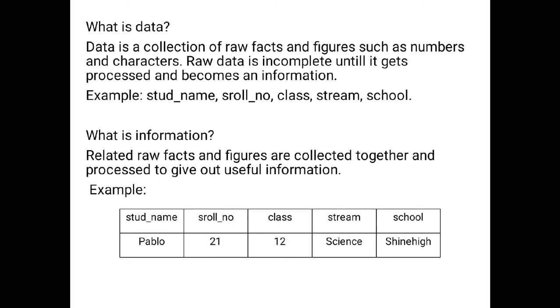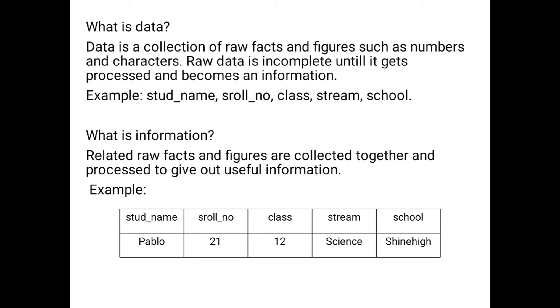First, what is data? I've already explained to you what is data, but again, let me explain. Data is a collection of raw facts and figures such as numbers and characters.